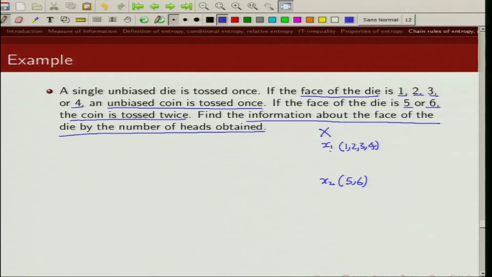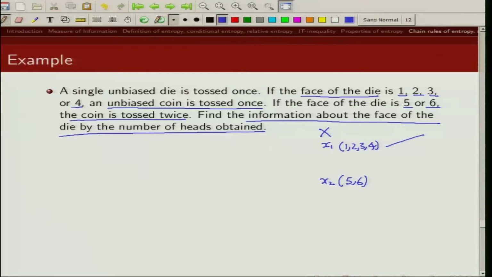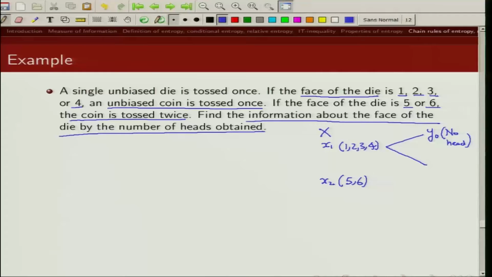Now what I do is, if I get 1, 2, 3 or 4, I toss a coin once. If I toss a coin once, what can I get? I can get a condition when there is no head, or I can get a condition that there is only one head, correct.